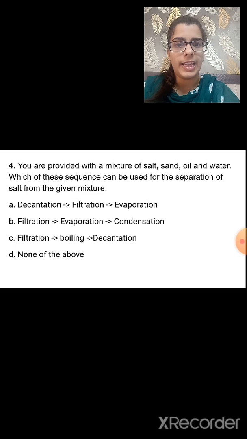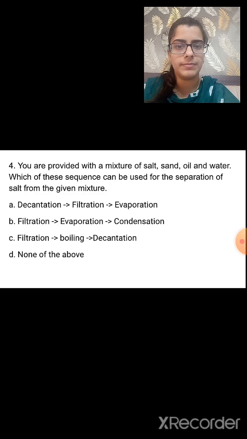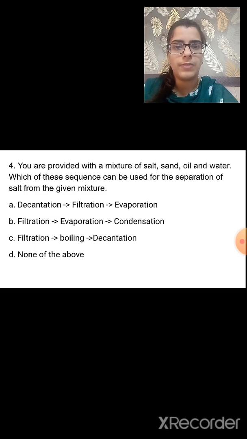Options are A, decantation, filtration or evaporation can be used. B, filtration, evaporation and condensation method. C, filtration, boiling and decantation. And D, none of the above. So what do you think would be the correct sequence for the separation of salt from the given mixture?